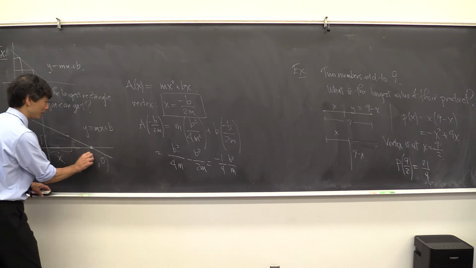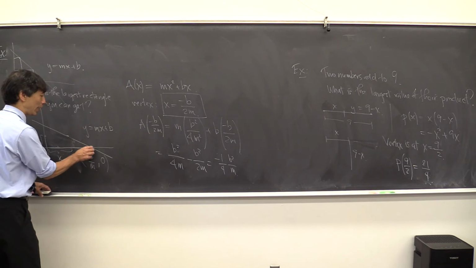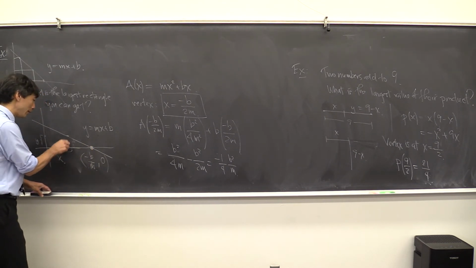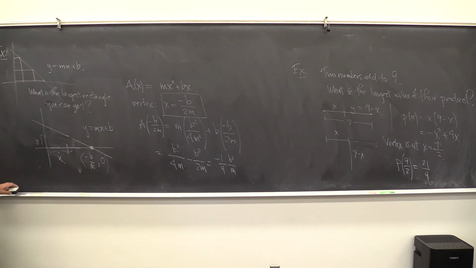This is negative b over m, so the x-intercept is negative b over m. That negative b over 2m is just half of that. So what it's saying is that the best rectangle is the one you get when you go halfway. That is, there's going to be a symmetry. You take the one that's in the middle.